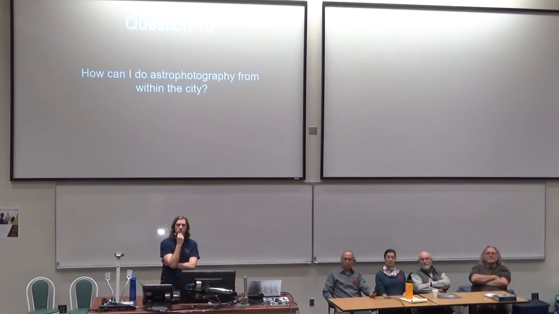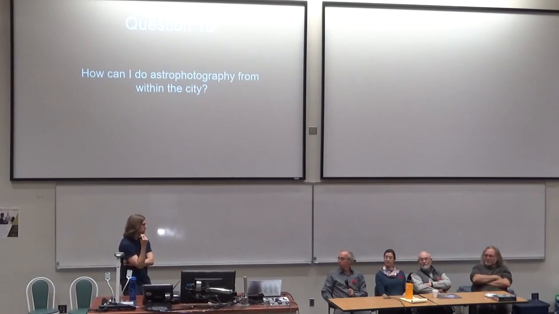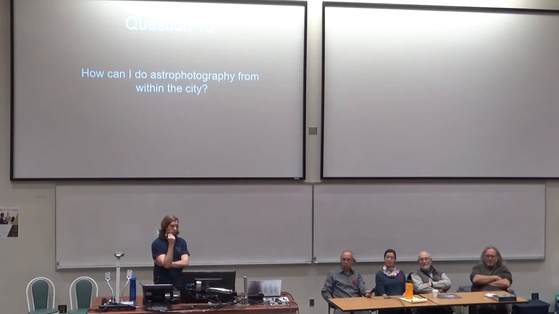The area that has the most success is really hydrogen alpha, sulfur and oxygen filters, narrowband filters that really eliminate all of the stray city light. Then it's a matter of combining those images together and building false color images, the Hubble palette, basically. That's kind of the most effective approach to urban astronomy I found anyway.